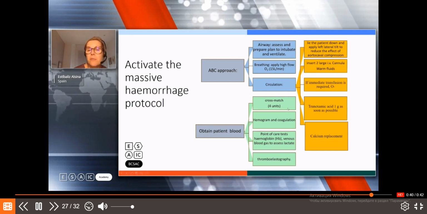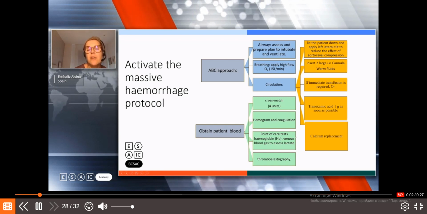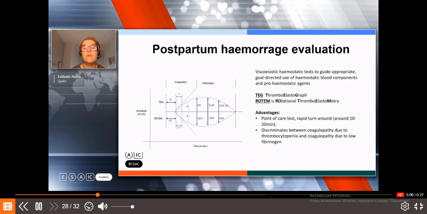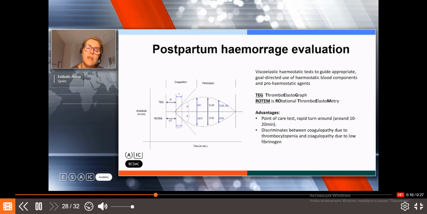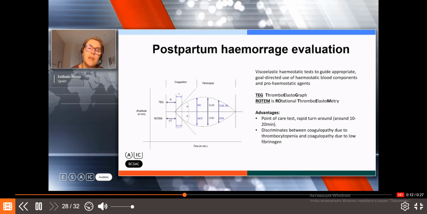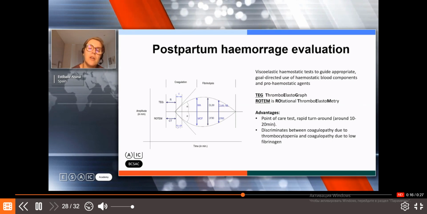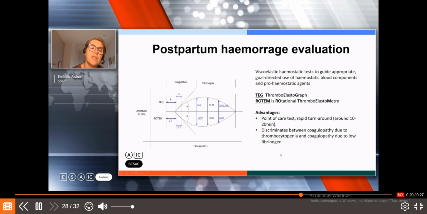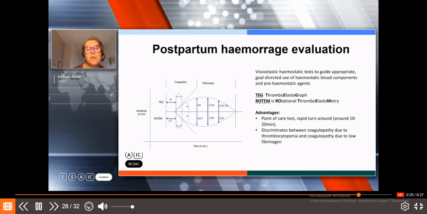We have to cross-match 4 units at least, and we have now the point-of-care test that has the advantage of a rapid return of the results and discriminates between coagulopathy because of thrombocytopenia or the lack of fibrinogen. So we can go with goal-directed treatment of the hemorrhage.